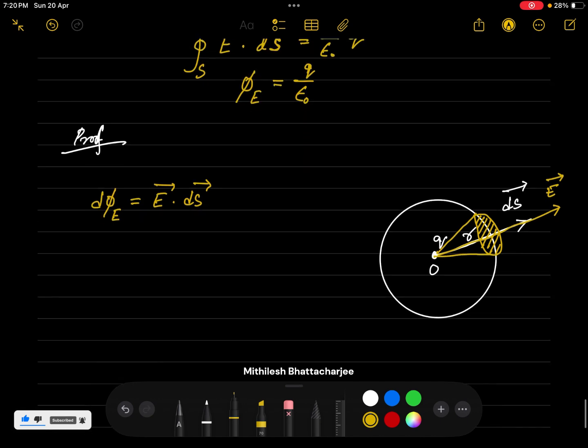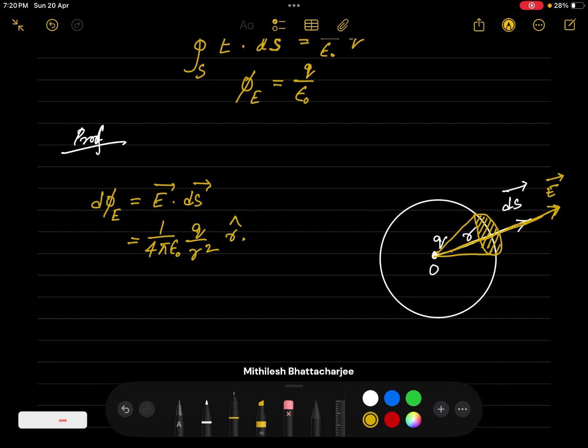E dot ds, fine. Now E is the electric field, so E is denoted as 1 by 4 pi epsilon naught Q by R square. And E is in this direction, so we can put the R cap for the direction.